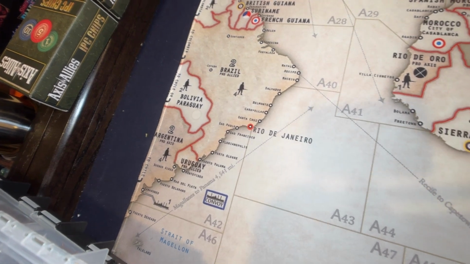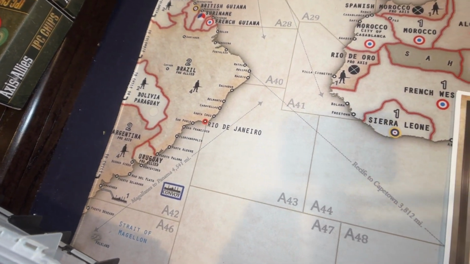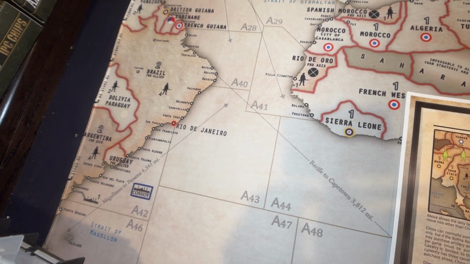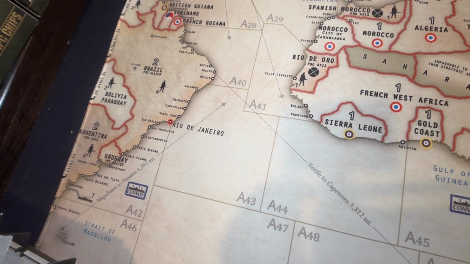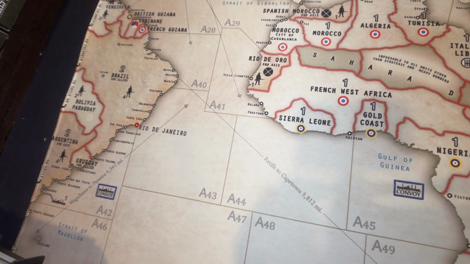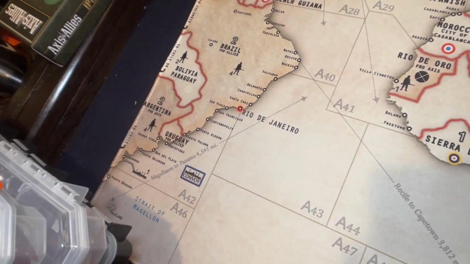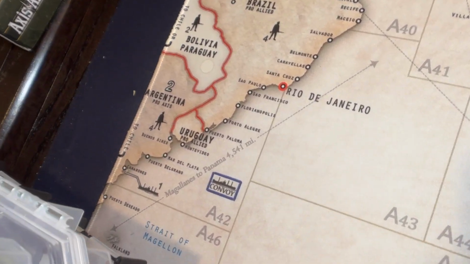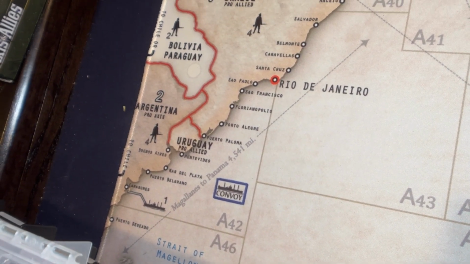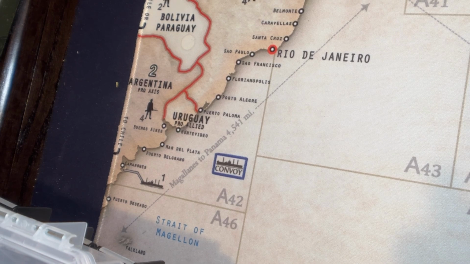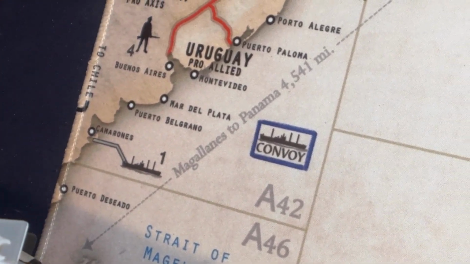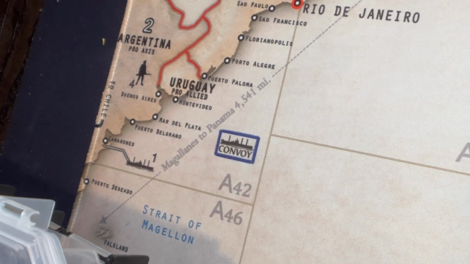Not only that, but if Germany collects at least 53 IPCs, not including national objective bonuses, if they are collecting at least 53 on the IPC tracker, then Argentina immediately flips to German control. Why that is, again, historically speaking, I don't know. But it flips and becomes a German territory. You'll see it actually comes with a transport there as well.